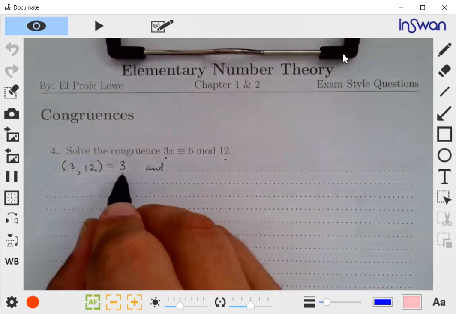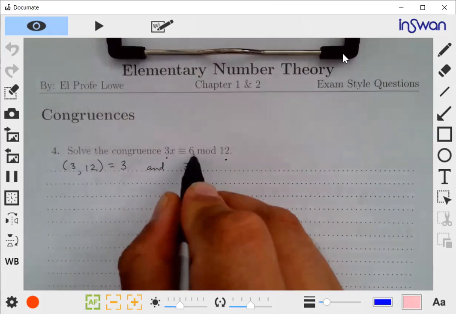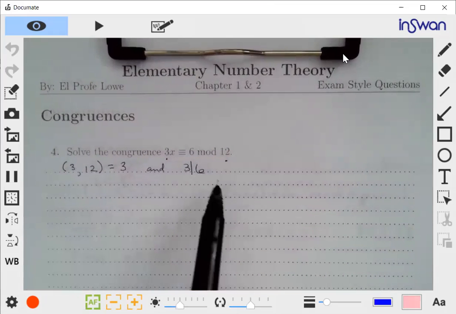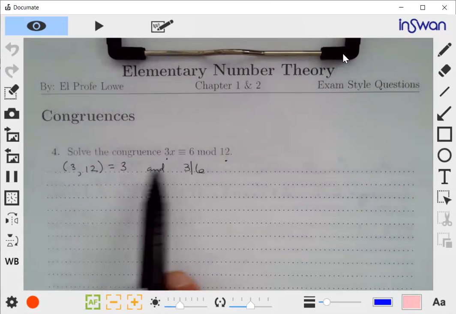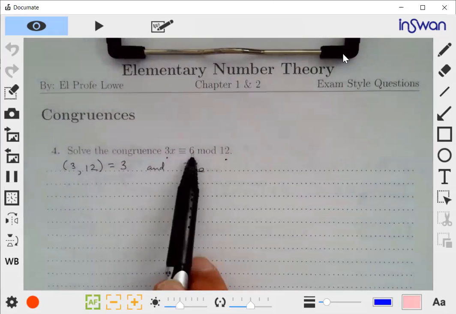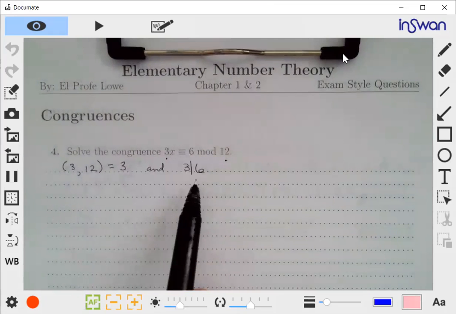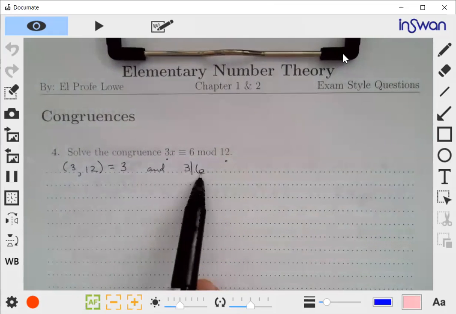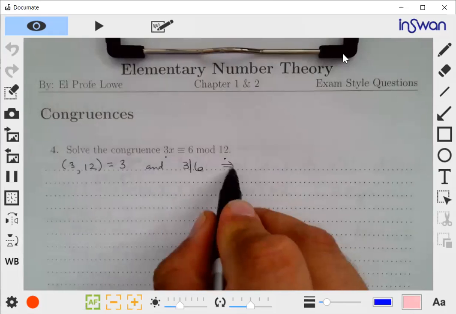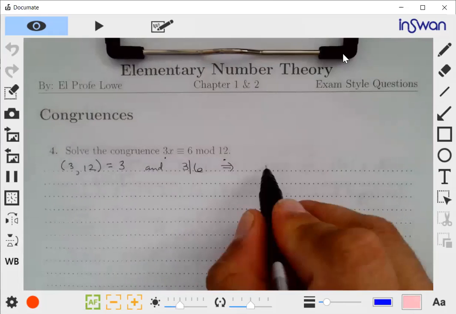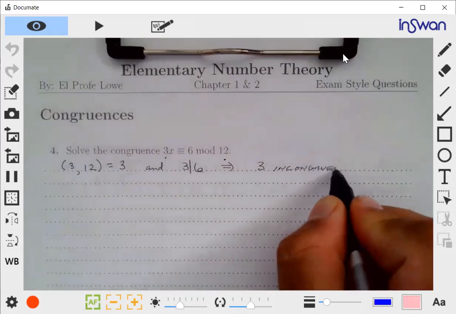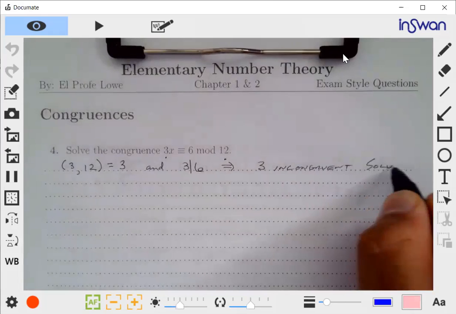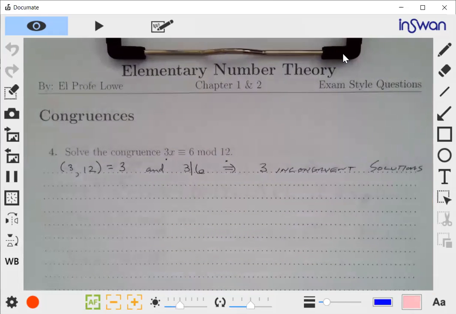And that 3 does divide 6, so this greatest common divisor does divide this residue, this remainder 6. And so that implies that we have 3 incongruent solutions.